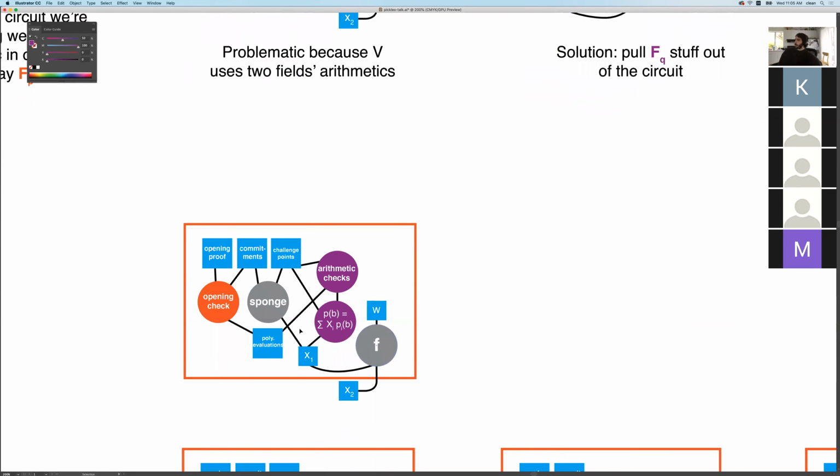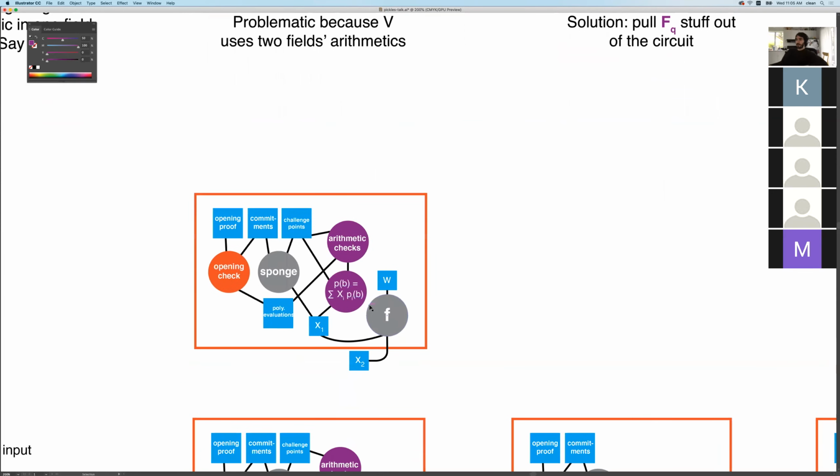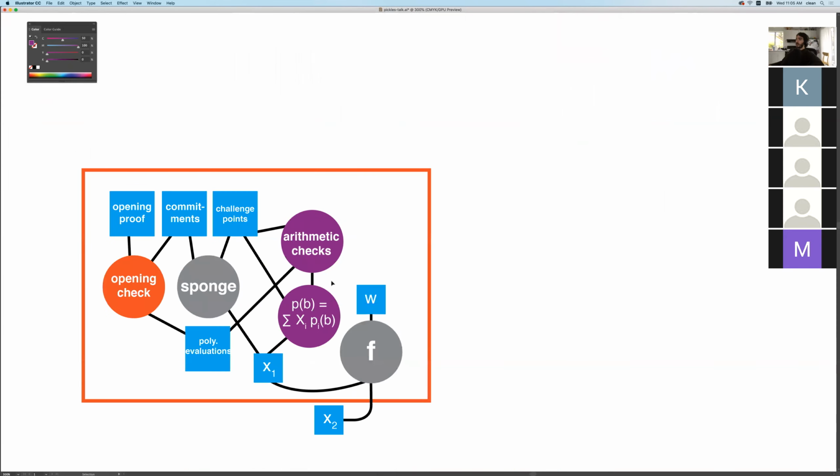So it turns out that for basically all of the AHP SNARKs of interest, the arithmetic check can be factored into a portion which depends on the public input and a portion which does not. The portion which depends on the public input is of the following form: it's some sum of some fixed polynomials scaled by the elements of the public input, evaluated at some challenge point.